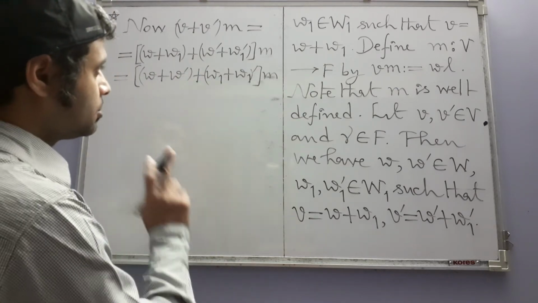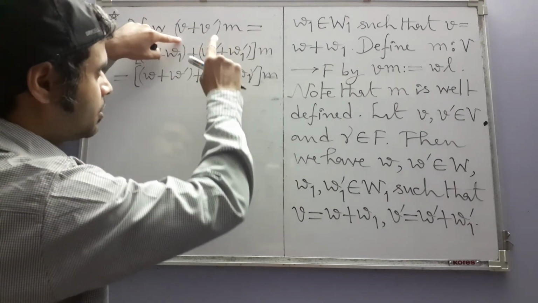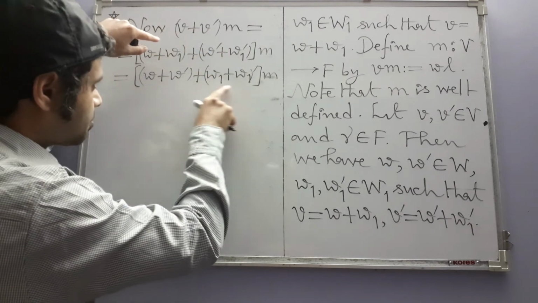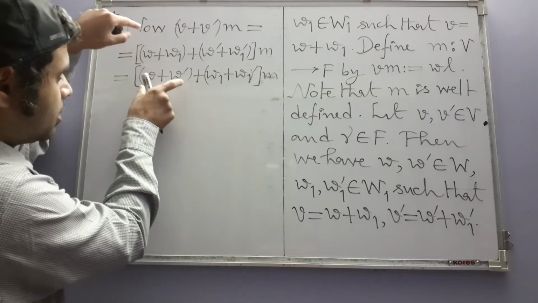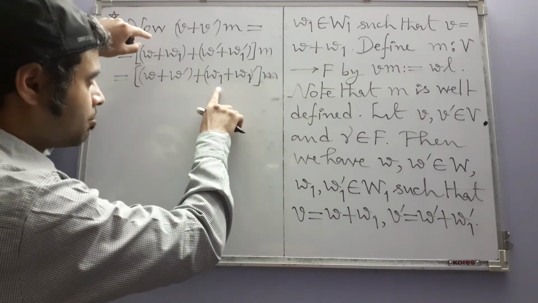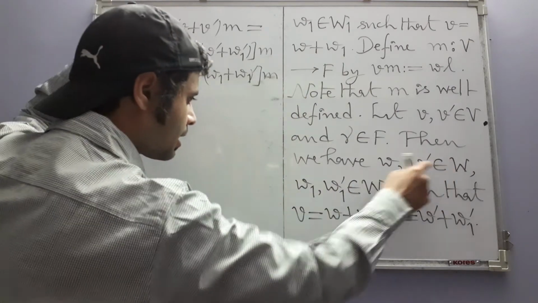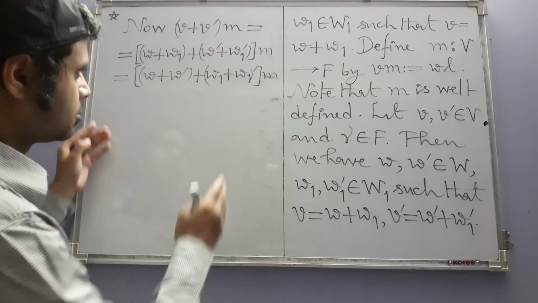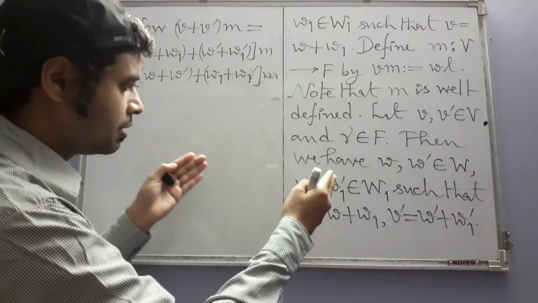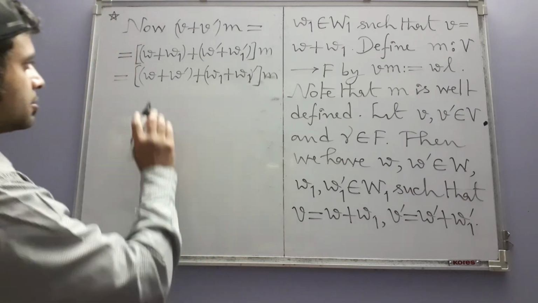Okay, now you see that v plus v prime in fact has been expressed in this form where w plus w prime is in W and w1 plus w1 prime is in W1. Why? Because these are subspaces. So you take vectors from them, take their sum, they are going to lie in the subspaces.